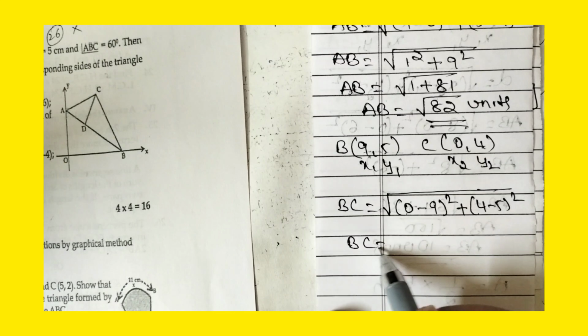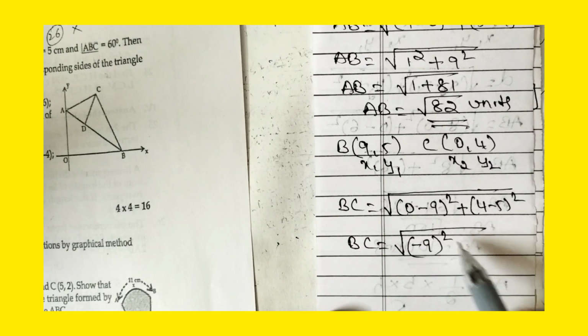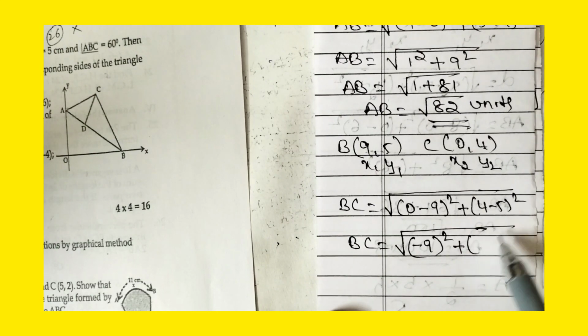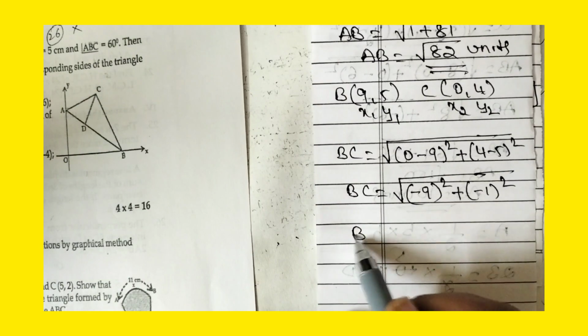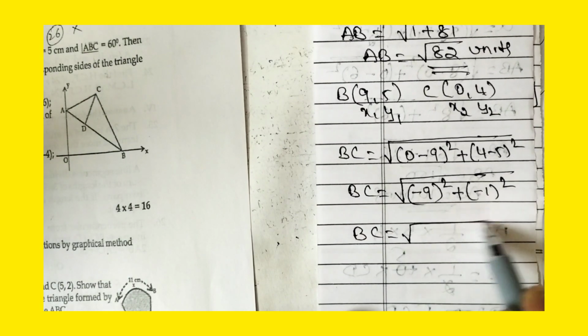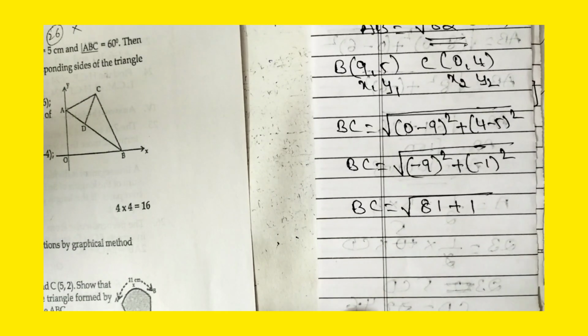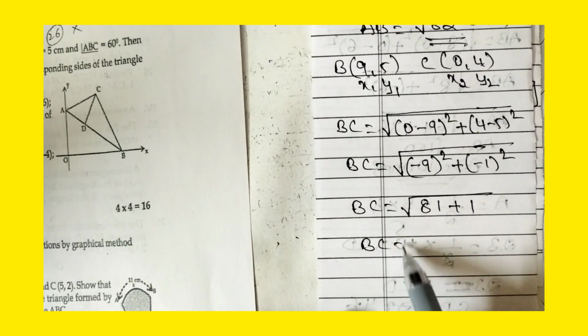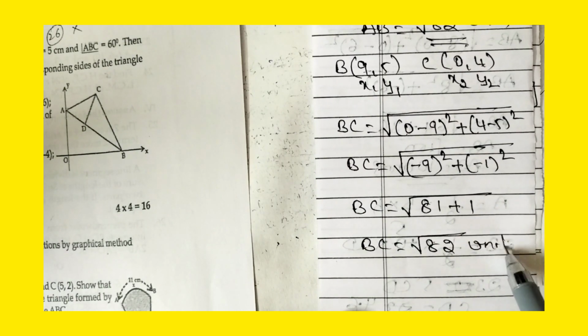So 0 minus 9 is minus 9 whole square plus 4 minus 5 is minus 1 whole square. So BC is equal to square root of minus 9 9s are 81, plus minus 1 whole square becomes 1. So BC is equal to square root of 82 units.